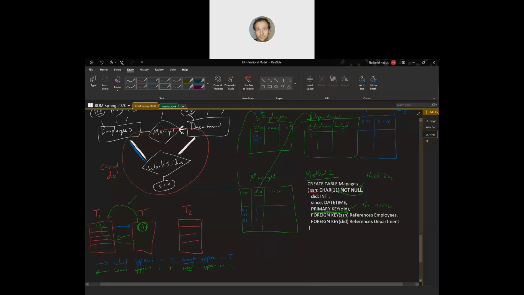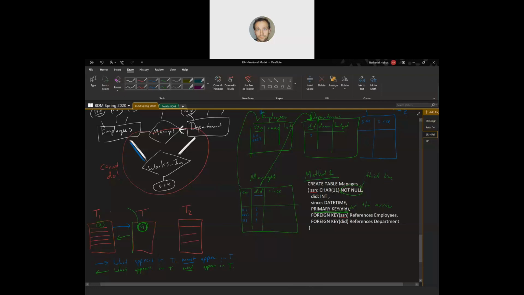This direction is okay. This direction is not okay. There's just no way in the relational model to say that everything in this table has to appear in this table. There's just no way to capture it.